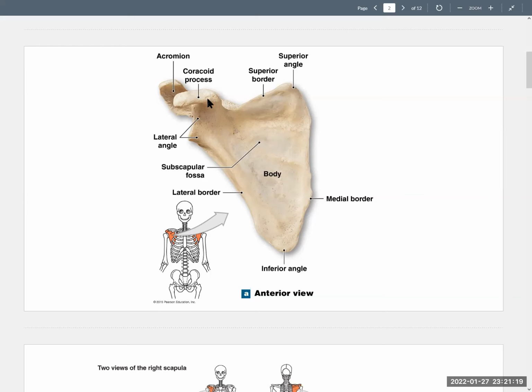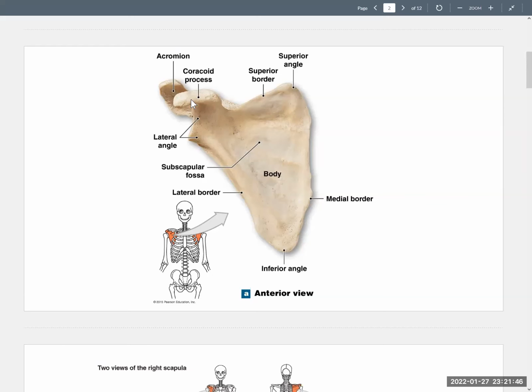You have to pick a simile for yourself. It looks to me like a broken little finger. It's the coracoid process. The clavicle sits on top of that.